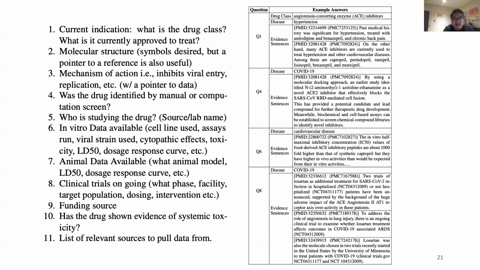And you can see the example answers and evidence, which is listed as their original literature mentioning the evidence, listed on the right table. And if you're interested, you can go to their original paper and look for more details.